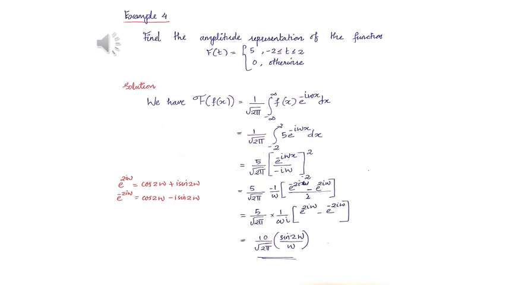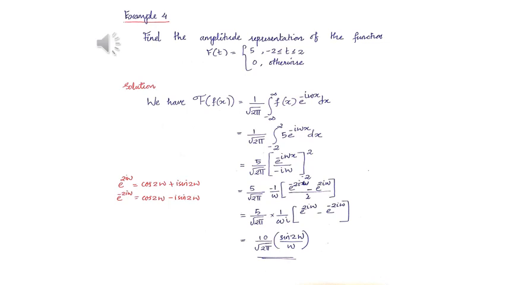Then 5 by root 2 pi, on integrating you will get e raised to minus I omega x divided by minus I omega x from minus 2 to 2. After giving the limit, you can write 5 by root 2 pi, minus 1 by omega, e raised to minus 2I omega minus e raised to 2I omega, the whole divided by I. That is 5 by root 2 pi into 1 by omega I, e raised to 2I omega minus e raised to minus 2I omega.